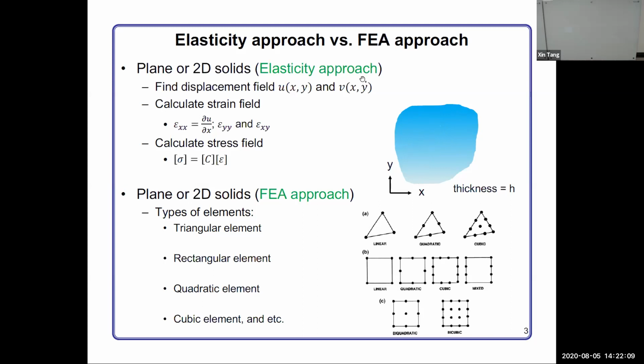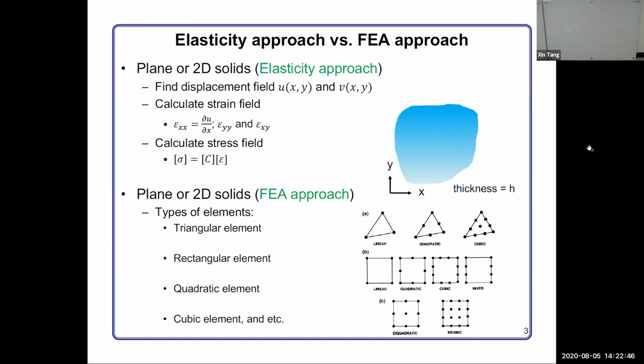That's called the elasticity approach. What we will discuss today is a finite element approach. This is a little bit different. The advantage of using the finite element analysis approach is, for the elastic material, if you want to use the elasticity approach to solve their complete mechanical solutions, the geometry, the shape, has to be well defined.